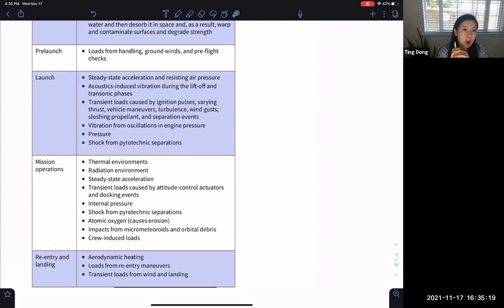So it's very common to consider the launch and landing as the critical situation. And another situation for the pressure vessel is during the flight, where we want to make the crew feel comfortable. So the internal pressure is still the same as on Earth, but the outside pressure is 0. So for the pressure vessel, you consider whether your structure is safe enough to not exceed the yield strength with a specific safety factor. So these are the 3 situations we consider as critical situations for the example problem I will talk about later.